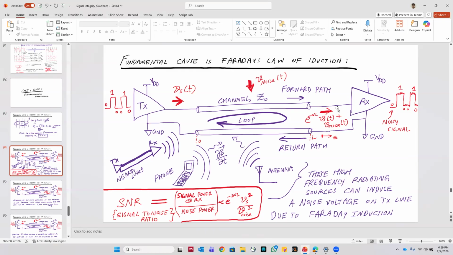In electrical engineering, that's often referred to as SNR, signal to noise ratio. If your noise signal is comparable to your signal strength, then you essentially lose information. And the amount of noise picked up is proportional to the frequency of these radiators.